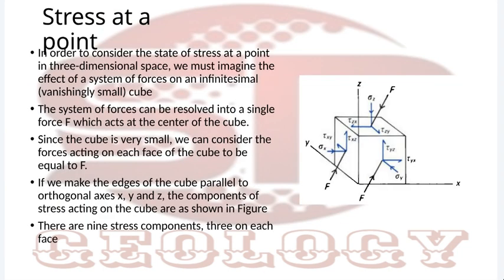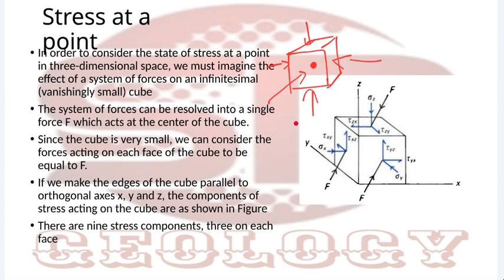An important thing: stress at a point. Suppose this is a rock body, and stress is applied from all three directions. Then think of a small point within the rock.